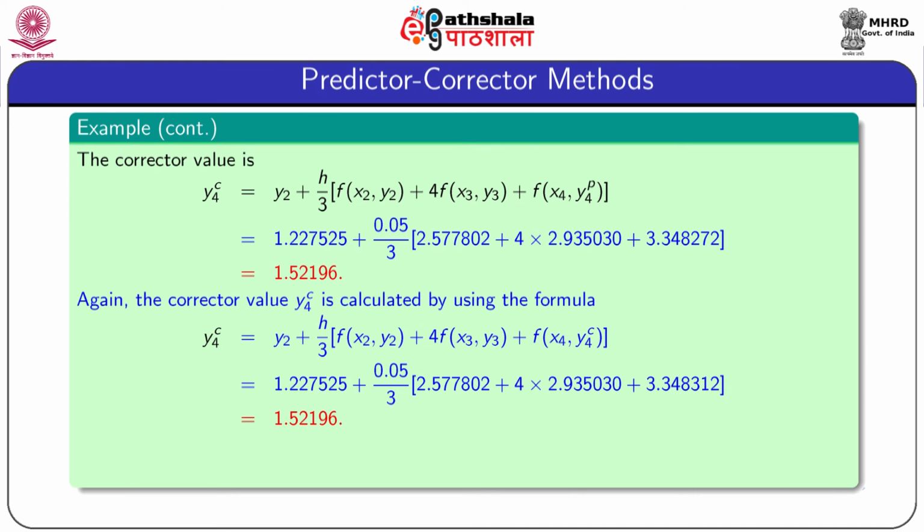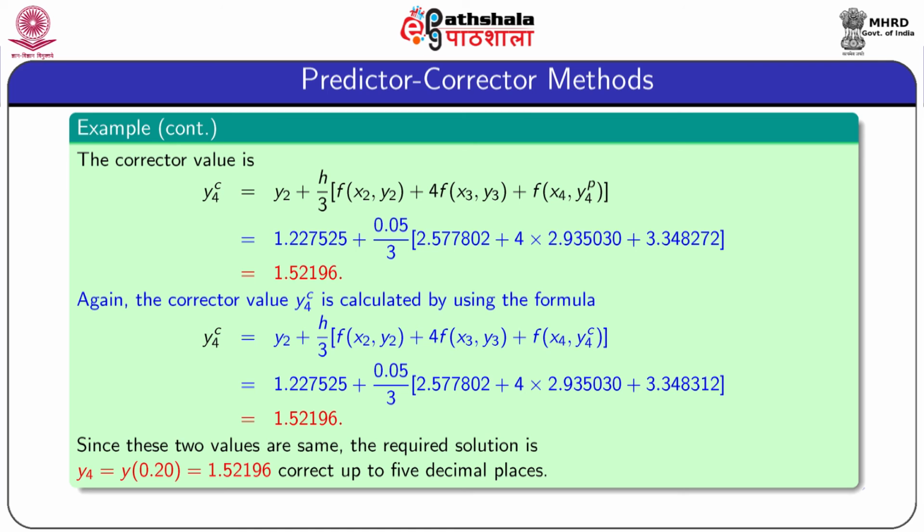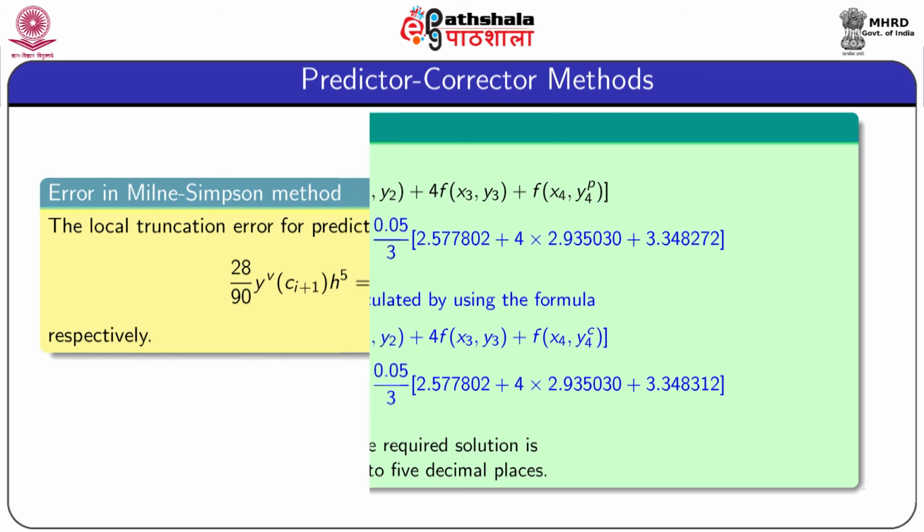After simplification this is equal to 1.52196. Note that the last two values are the same, therefore we conclude that the value of y4, that means the value of y at x equal to 0.20, is 1.52196, correct up to 5 decimal places.